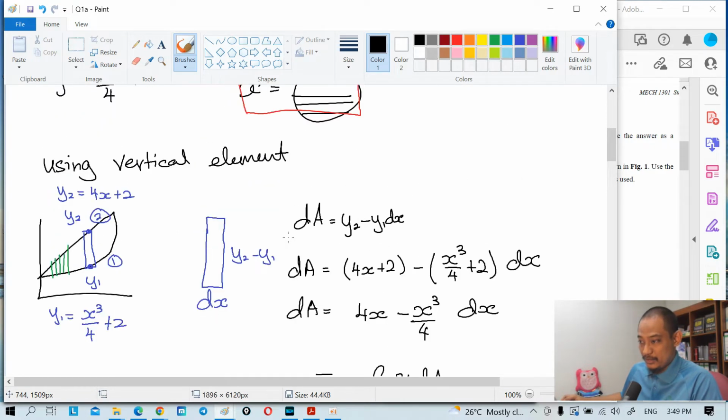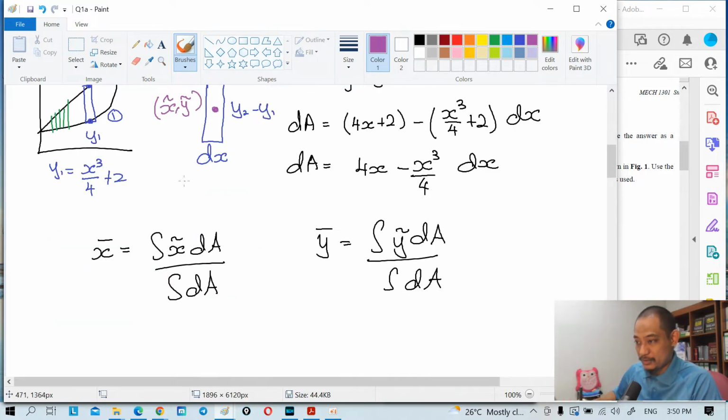Right. Another thing we haven't described here is what x tilde and y tilde are. Let's use purple. This coordinate is x tilde, y tilde. We do not have enough space here.